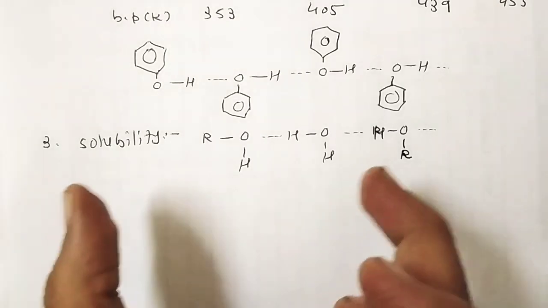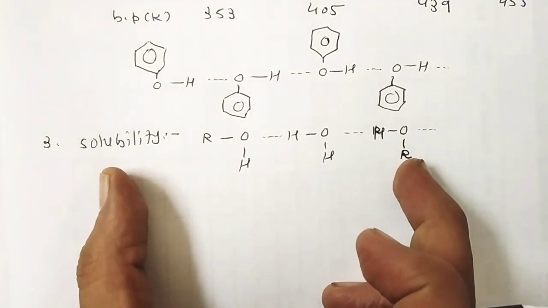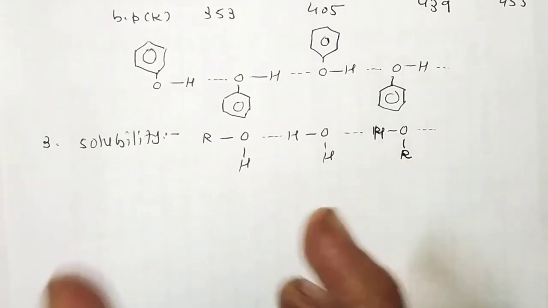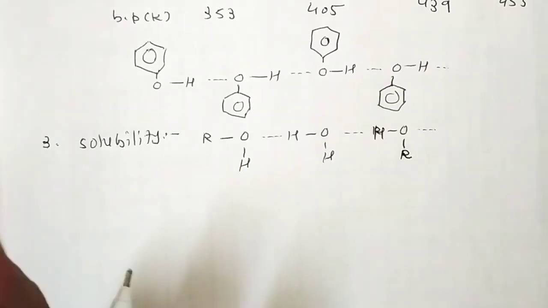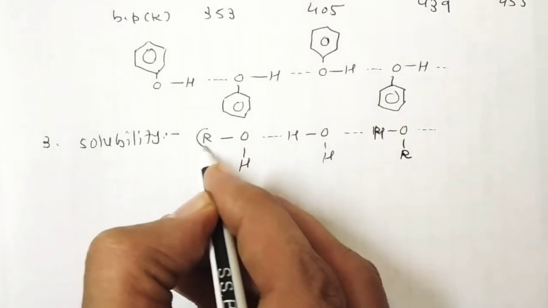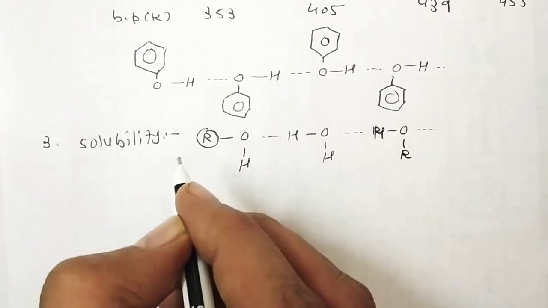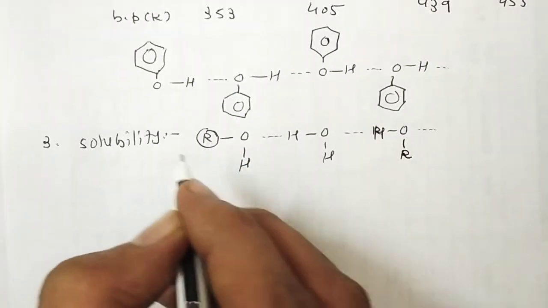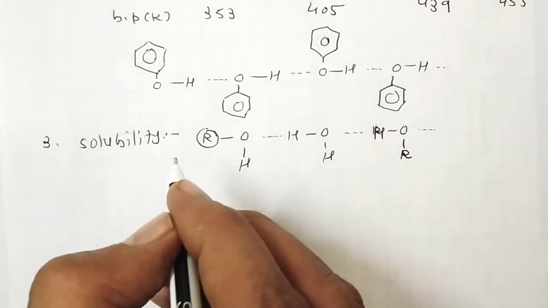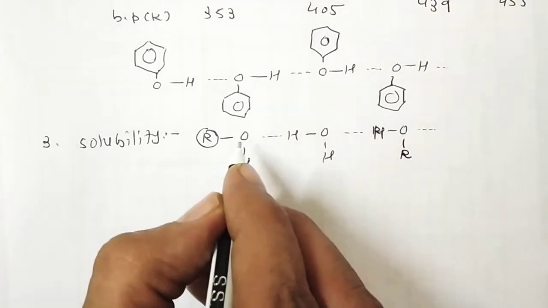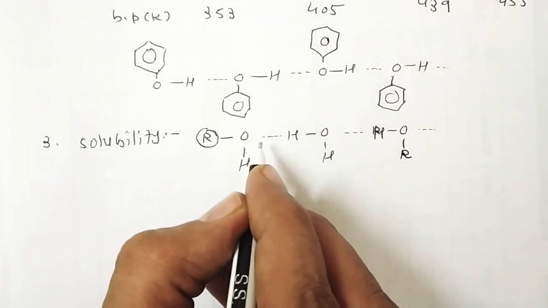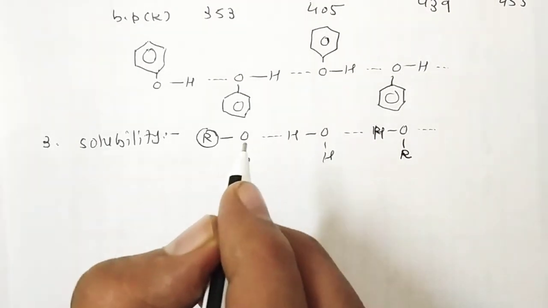The extent of this solubility depends upon the capability of its molecules to form hydrogen bonds with water. As the molecular mass increases, our R group, which is an alkyl group, a non-polar group, becomes larger, which resists the formation of hydrogen bonds with water molecules. Hence the solubility goes on decreasing.